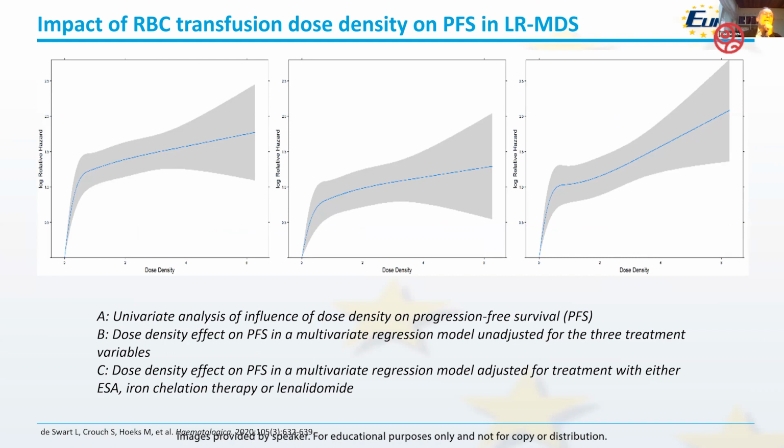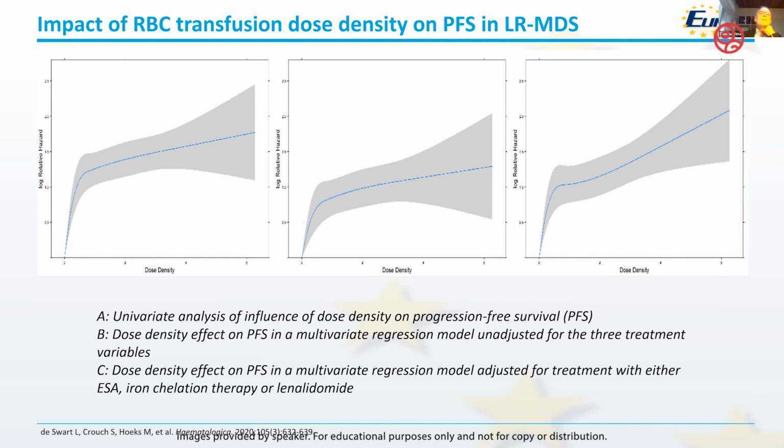There is a very steep incline of the log hazard ratio for progression-free survival already below one transfusion density per month. It gradually increases further, but the increase here is not statistically significant.